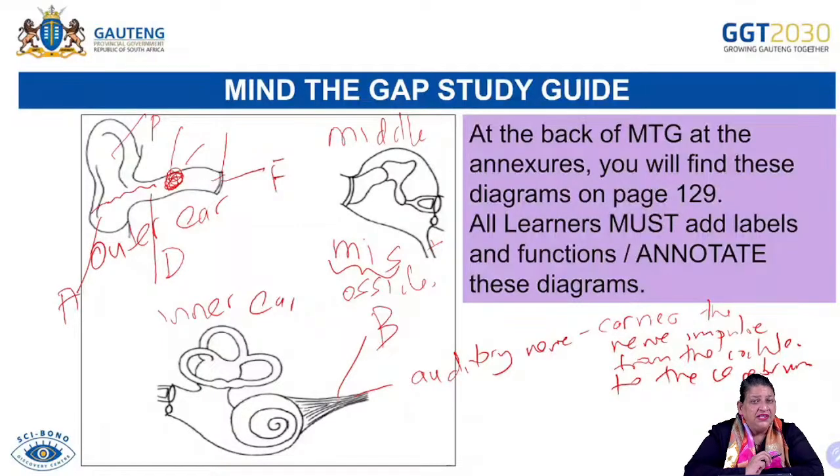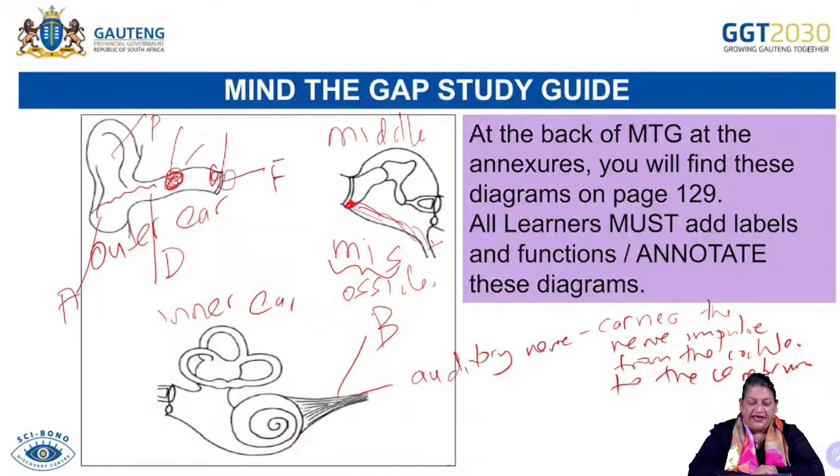Now, if there's a middle ear infection, the grommet will not be put into the pinna, not into the auditory canal, but it's placed on the other opposite side of the tympanic membrane, on the side here in the middle ear. So they won't put the grommet on that side because then it's going to block the sound waves. They're going to put it at the bottom of the tympanic membrane so that it can drain the fluid into your eustachian tube. Can you see that?